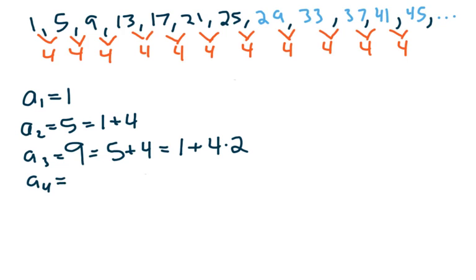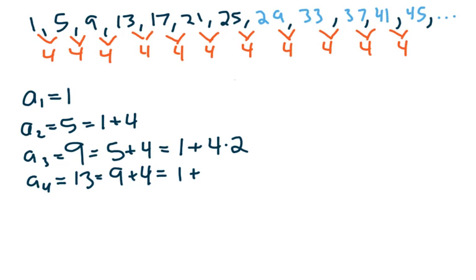What about a sub 4? A sub 4, the fourth term, is 13. Now, to get from a sub 3 to a sub 4, we had to add 4, right? So you start from 9 and you add 4. But again, I can think about this as starting from the beginning, and I had to add 4, 4, and 4 again to get from 1 to 5 to 9 to 13.